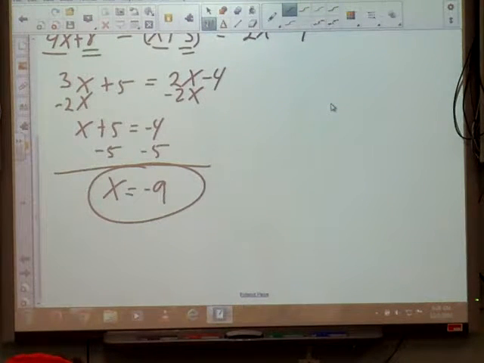There's a class in between this one and college algebra. Well, this class is the one that's between college algebra and whatever you took last year. College algebra is too much work. I don't have enough time to do all of it.